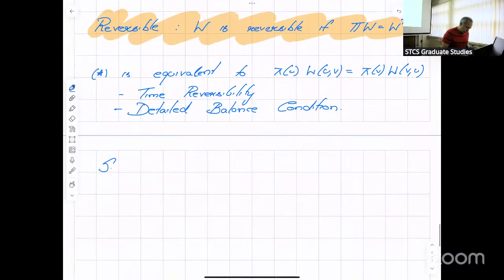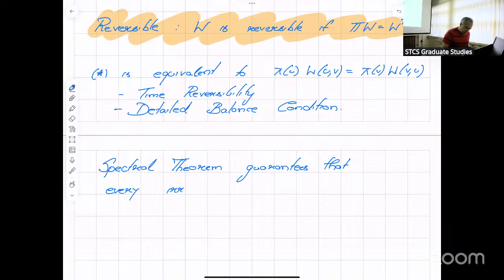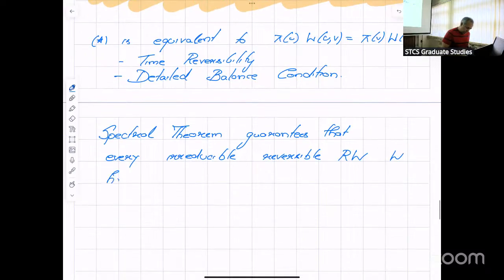The spectral theorem guarantees that every irreducible reversible random walk W has n eigenvalues, lambda 1 greater than or equal to lambda 2 greater than or equal to ... lambda n.